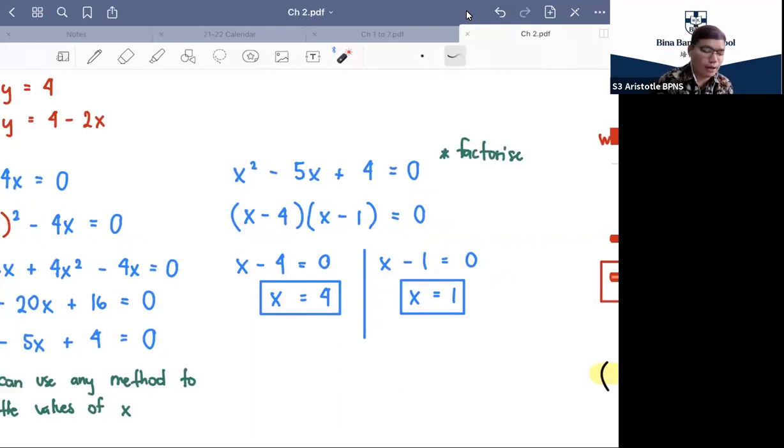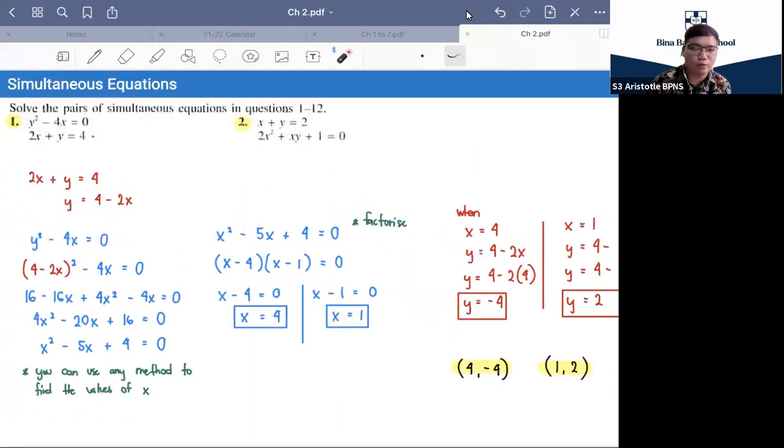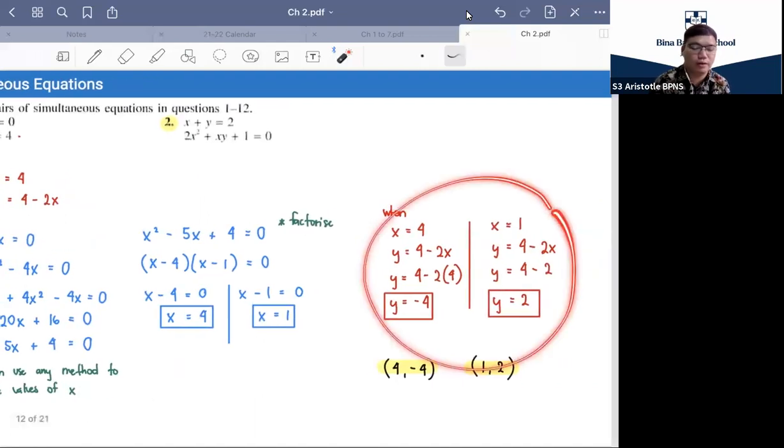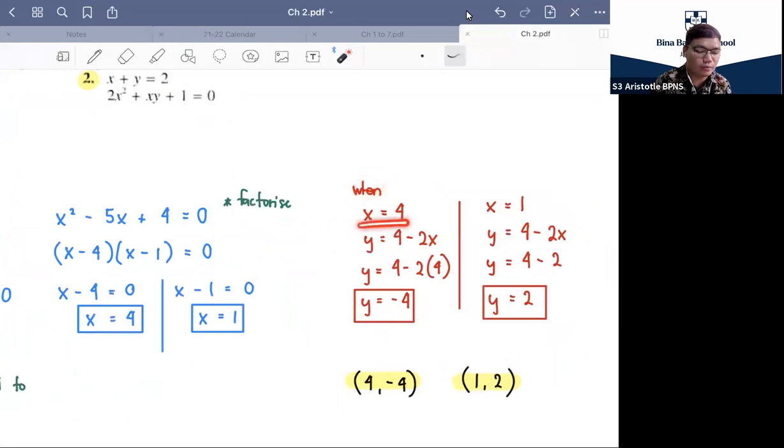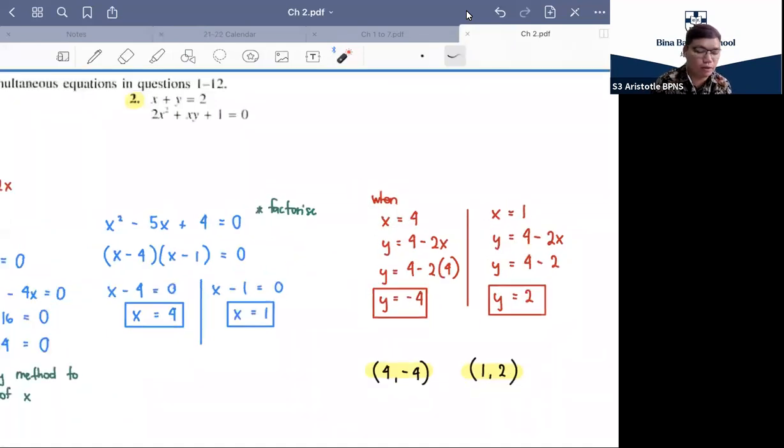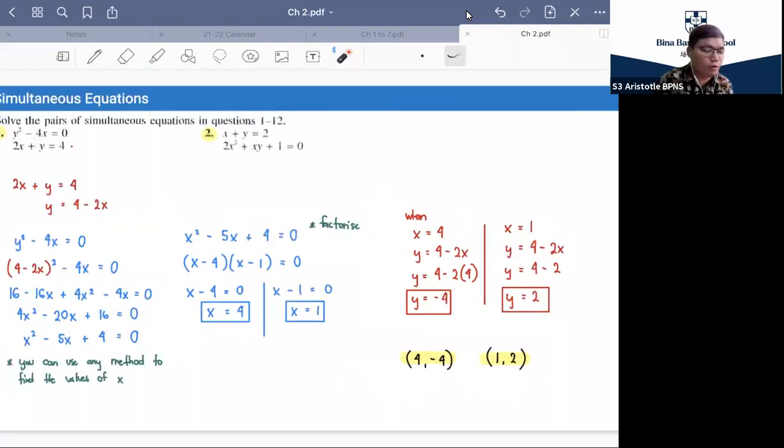And then, of course, if we have two values for x, we also have two values for y. That's where this part comes in. So when x is equal to 4 and then x is equal to 1, to solve for y, we need to go back to the equation that you did, the first one.